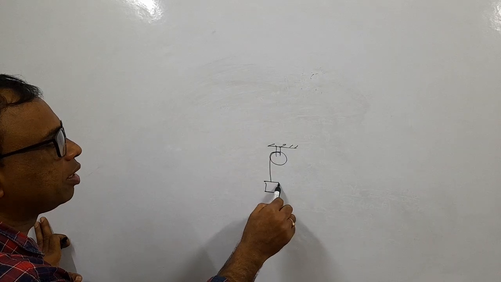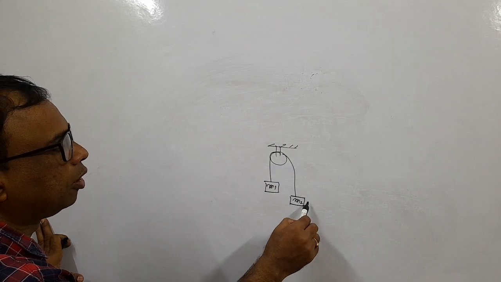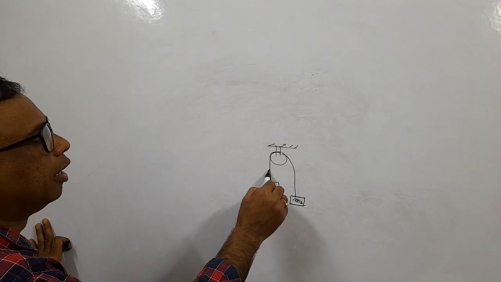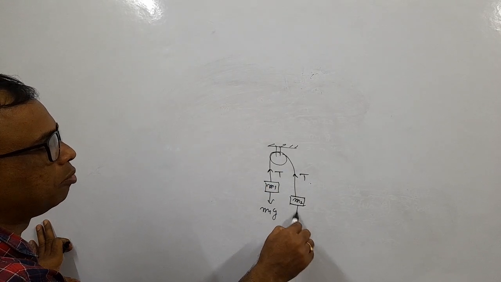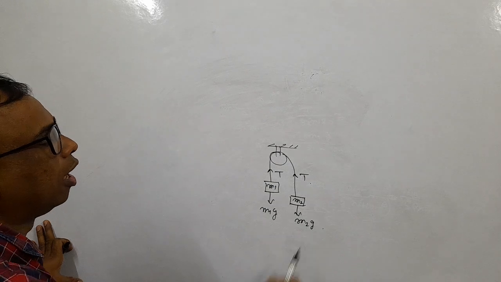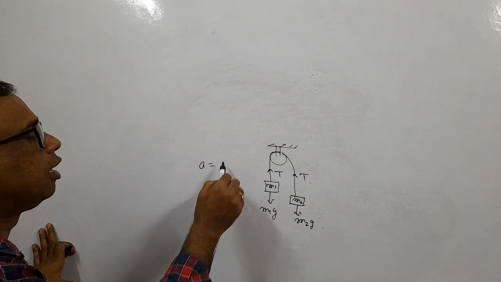I will give you an example of a pulley. M1, M2, this is the tension T, and it is M1G and M2G. That's the pulley concept. You can find the acceleration easily.